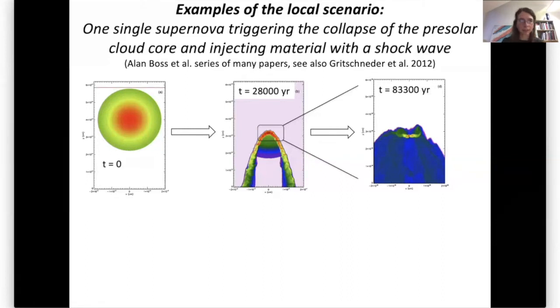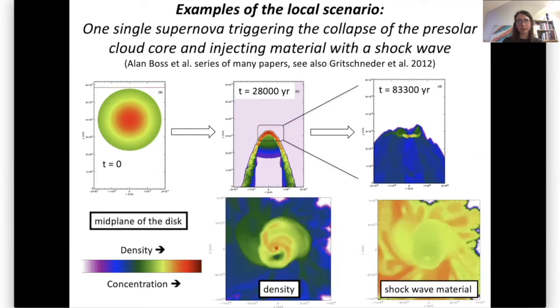And here is just an example. On the left side, there is a pre-solar cloud core and a line representing the shock wave coming. In the middle, you can see the shock wave is getting through and it's triggering the collapse of the cloud. On the right side, it's possible to see a disk already. If we look at the disk on the mid-plane, there's the density picture in the middle, and on the right, the shock wave material.